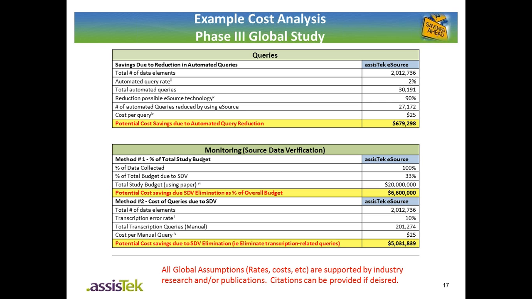This is a big study, so these numbers may seem high, but this is just the reality. And then at a cost per query of $25, which is very conservative, that would be about $5 million in savings. It's pretty significant.